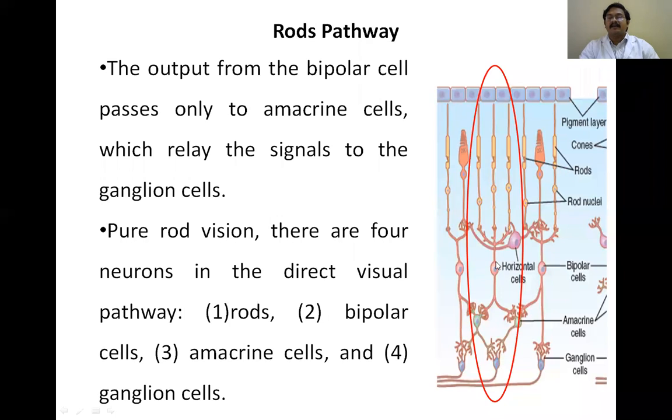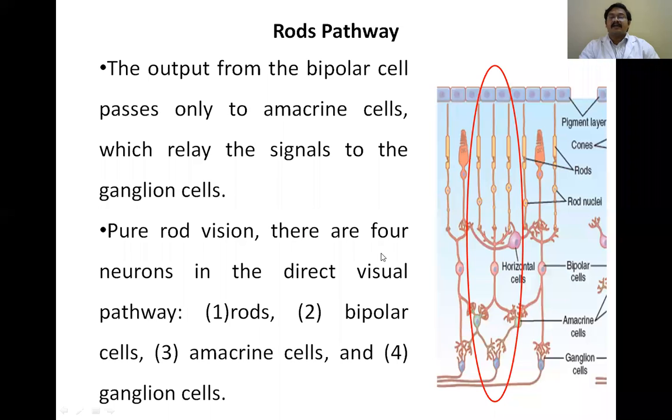The horizontal cells are not directly going to the ganglion cell. In the center, the 3 rods synapse with one bipolar cell. This bipolar cell synapses with the amacrine cells, and these amacrine cells synapse with the ganglion cells.